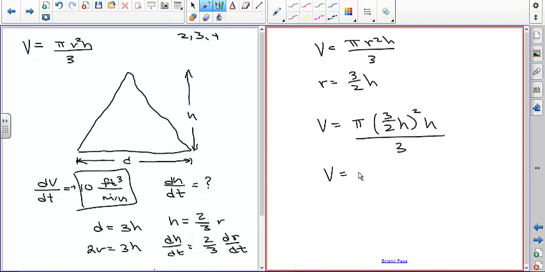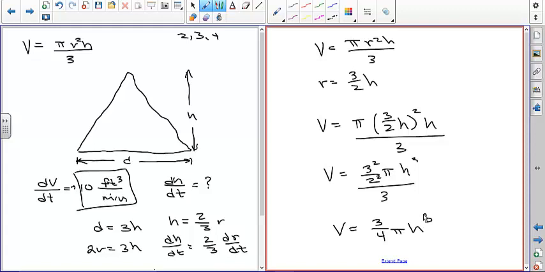So you get v is equal to 3/2 pi, 3 squared. Yeah, we've got to square the 3/2. So you get 3 squared, 2 squared, pi you don't square, times h cubed divided by 3. So 3 squared divided by 3 is just 3, and 2 squared is 4. So you get 3/4 pi h cubed. Okay, so that's the same thing that I did before, but I solved for r instead of for h.